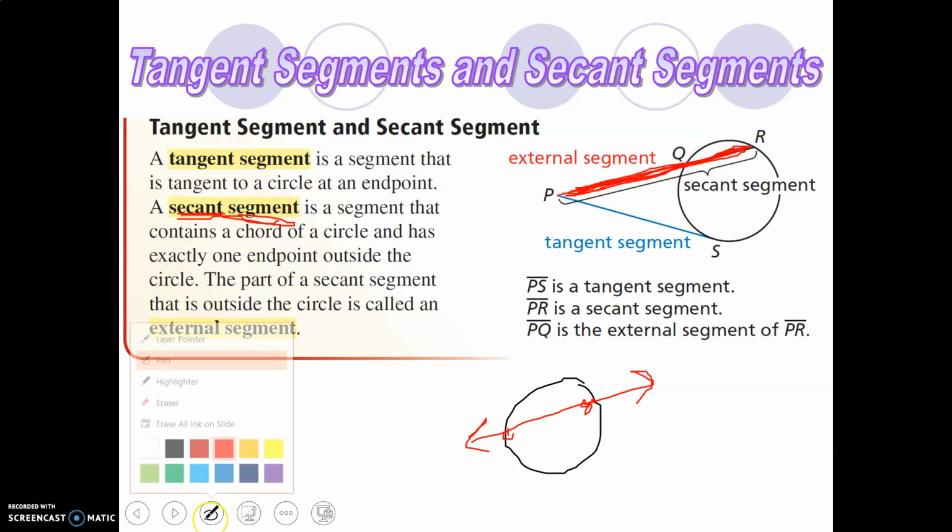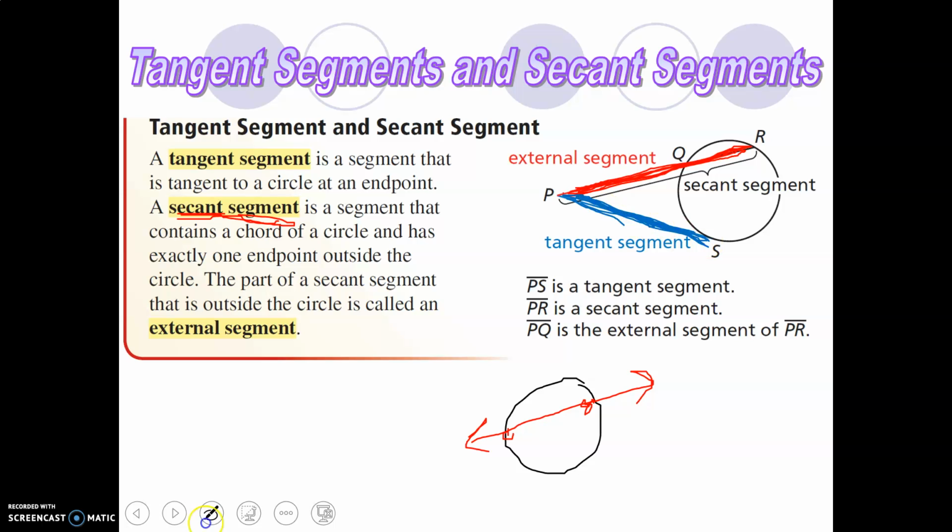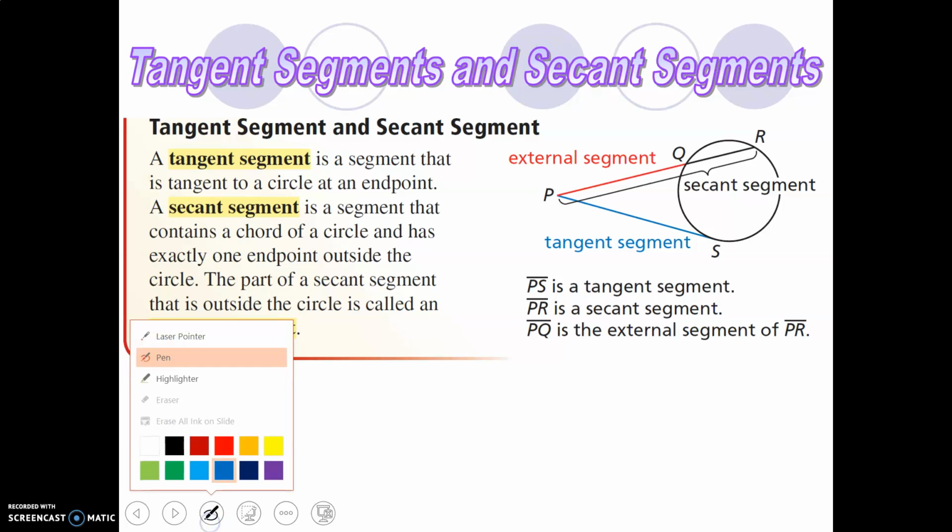Now, we've talked about tangents before, and we've said tangents can be lines, segments, and rays as well. That is not too much of a difference, but the secant segment is something you've never heard of. Now, we also have an external segment, which is part of that secant segment.